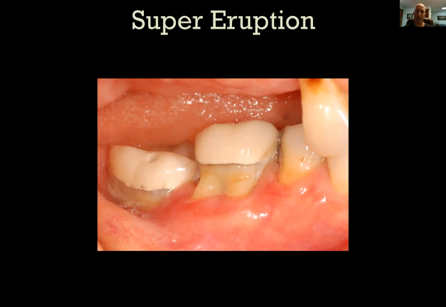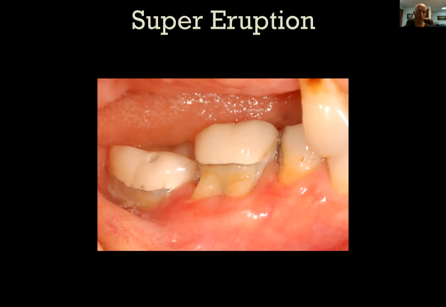What we have here is super eruption that has happened on 29 and 30 because the opposing teeth, 3 and 4, have been missing for some time. Tooth number 2, I know because I treated this patient, was in place for many years after 3 and 4 were removed, which allowed tooth 31 to stay in its position.